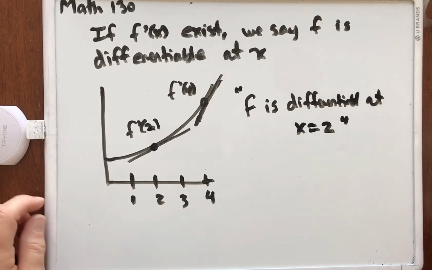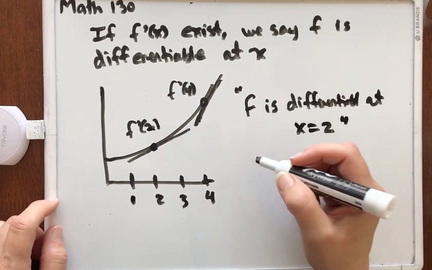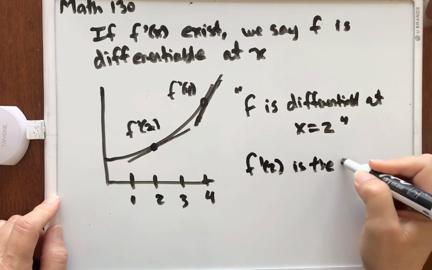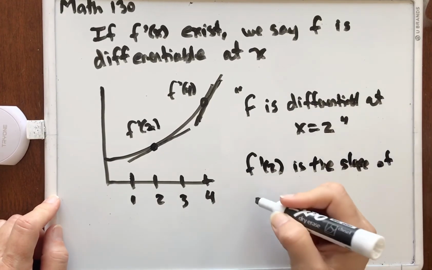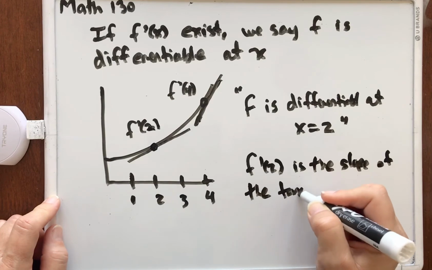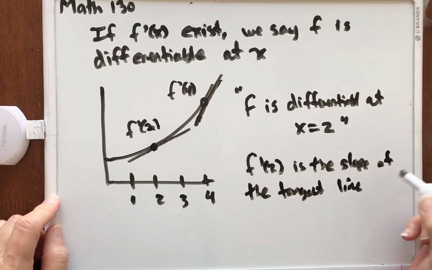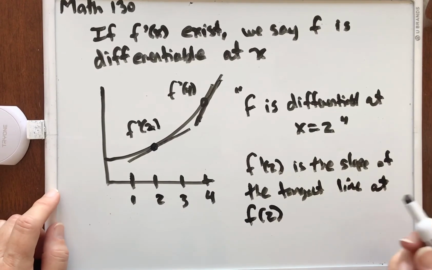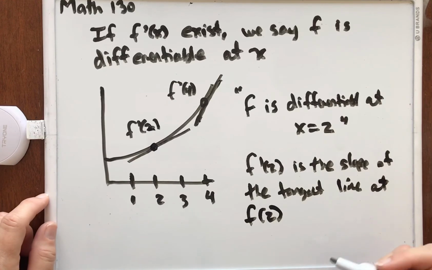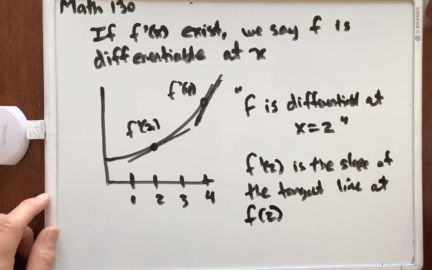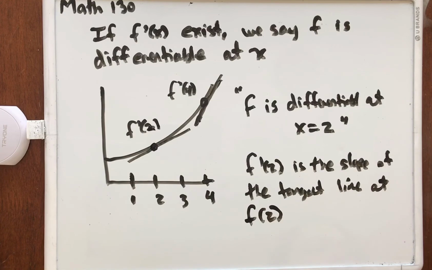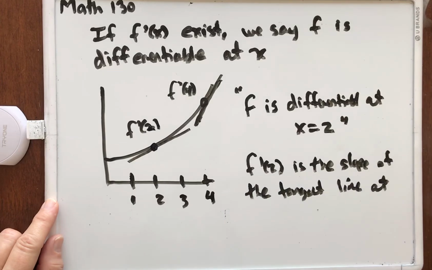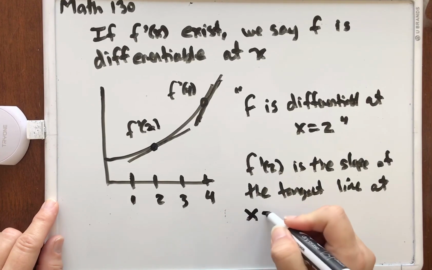We can also say f prime of 2 is the slope of the tangent line at f of 2. Or sometimes they just say at x, which means at 2. They'll say it different ways. So I'm going to erase this and say, this is another way of saying at x equals 2.